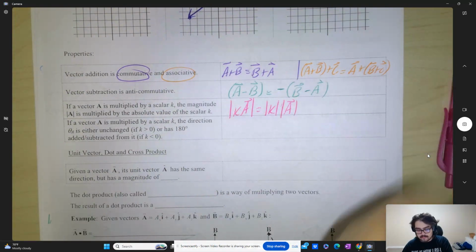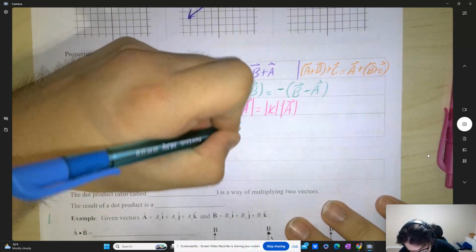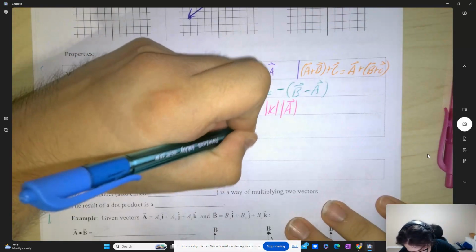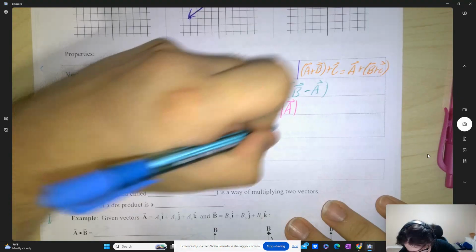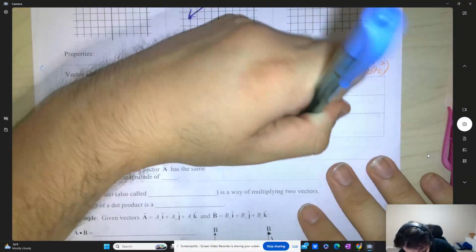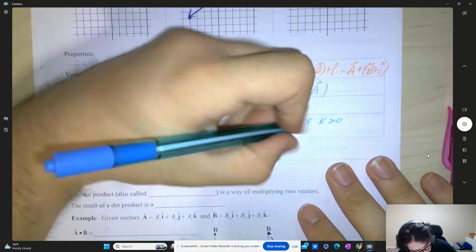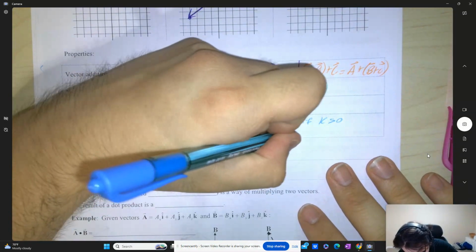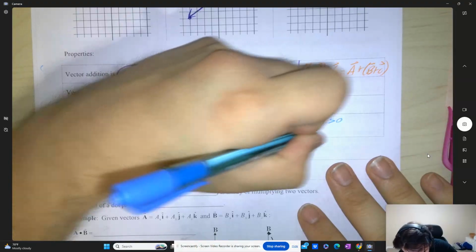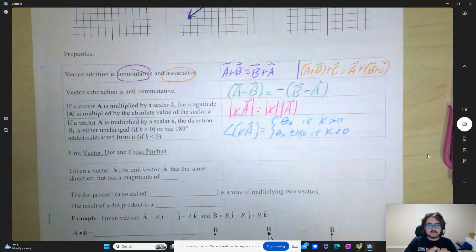The angle that k times A makes is either going to be theta sub A if k is positive, or theta sub A plus or minus 180 if k is not positive, or less than 0.